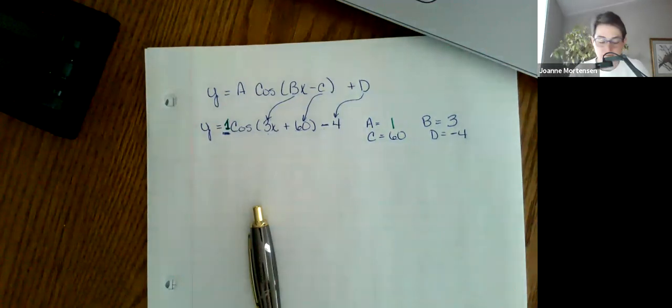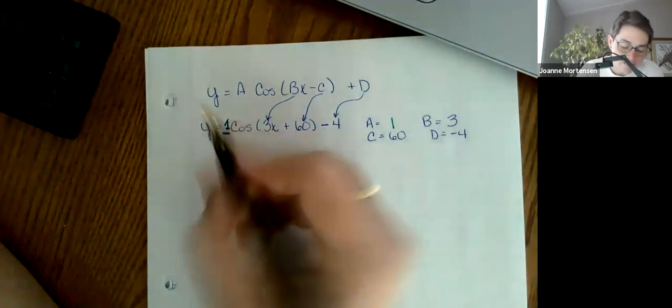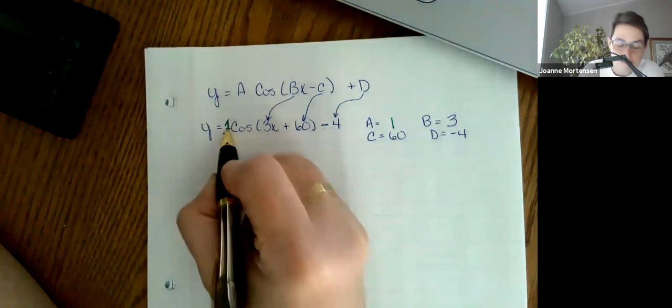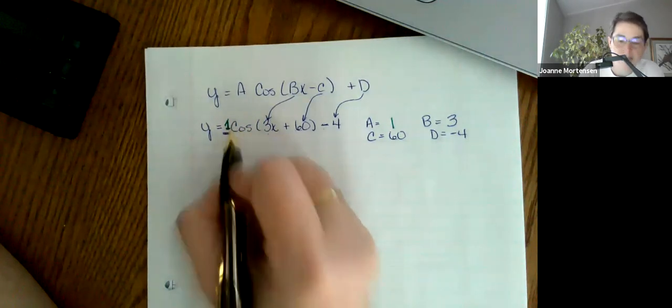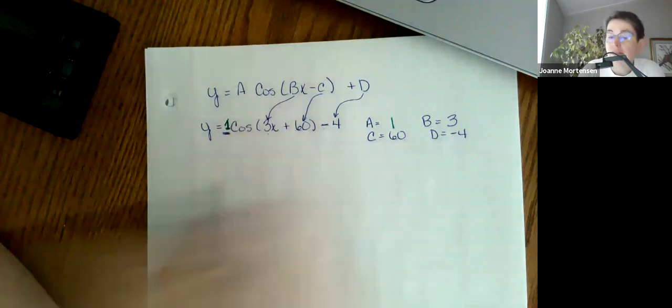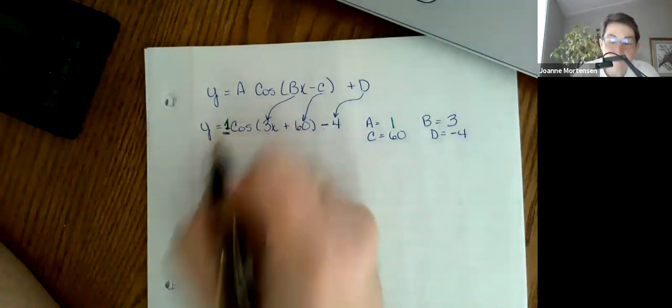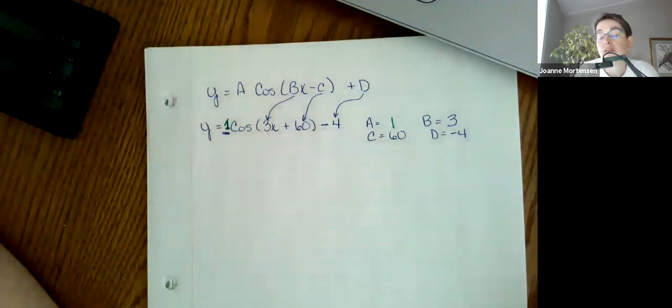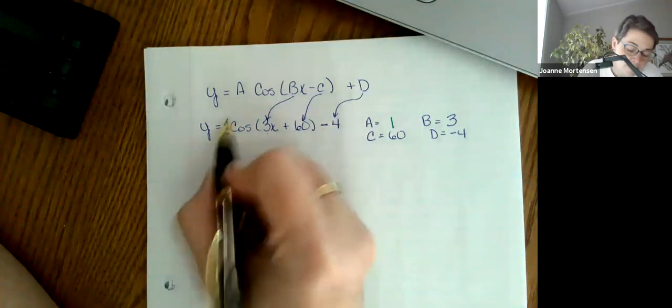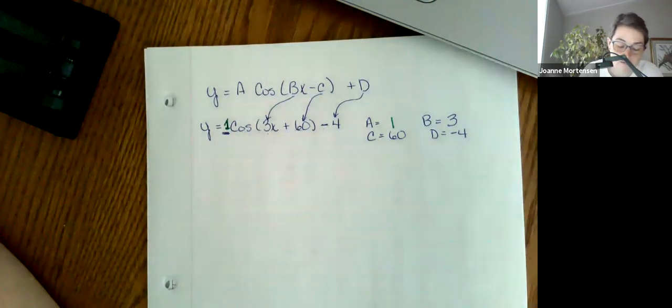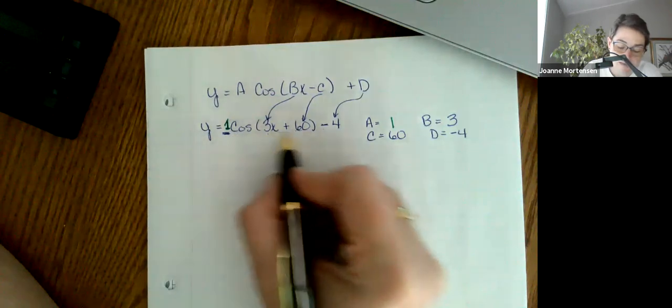Because if you think about it, 1 times anything, right? This is multiplying because they're side by side. 1 times anything doesn't change our value. If we try and put any other number there, it's going to mess everything up. The most common thing that people try is a 0. Well, if I put a 0 there, everything, well, this part's all going to disappear.